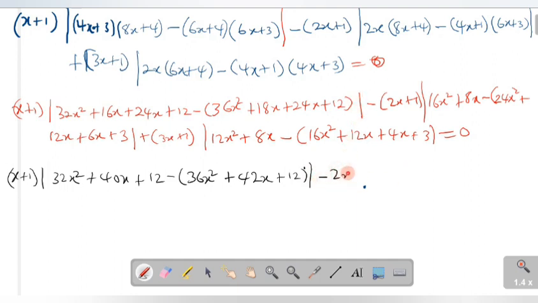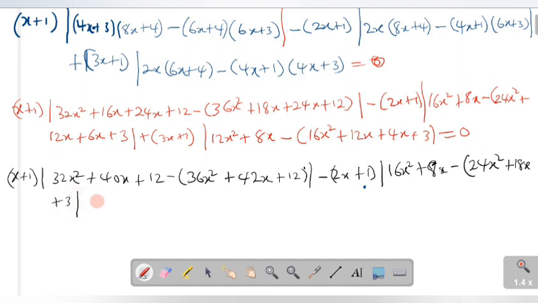Minus 2x plus 1 into, so this will give us 16x squared plus 8x, minus 24x squared, then 12x plus 6x, that's going to give us plus 18x and plus 3.